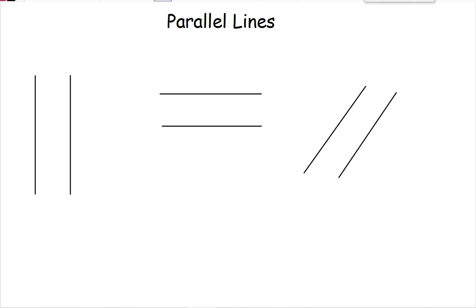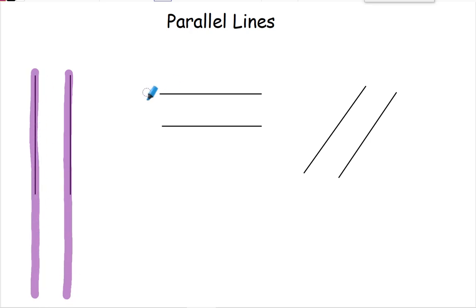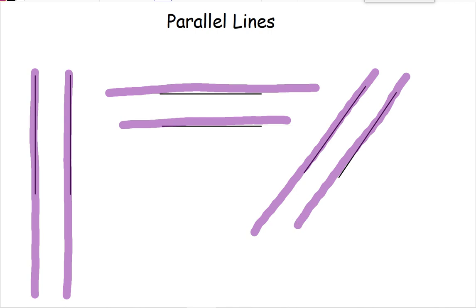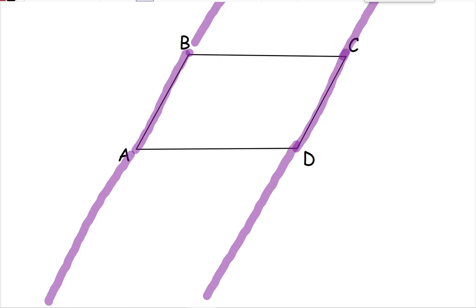These are some parallel lines. Again, you can see that these lines will never meet even if I extend them. Okay, so that's what makes them parallel. I can write that BC is parallel to AD on our last picture here, like this.